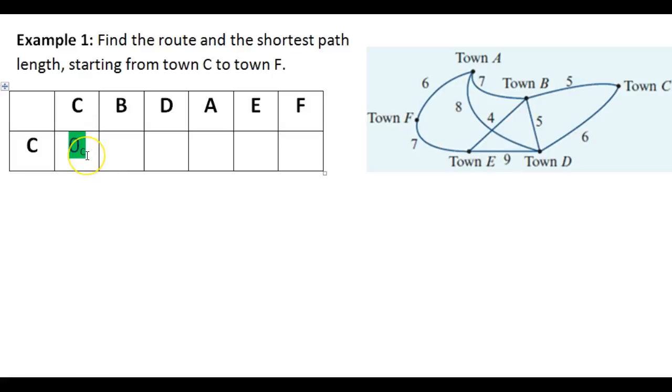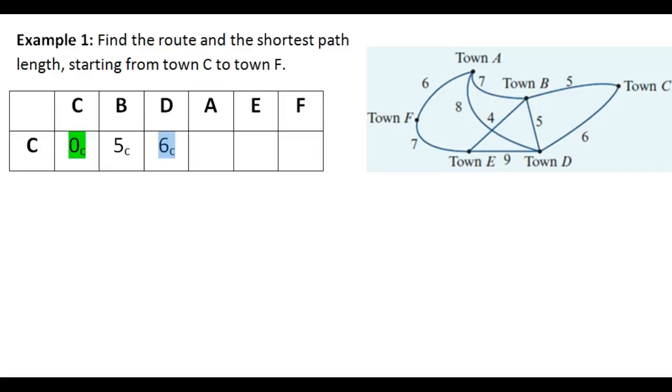And we use the little subscript to represent the vertex we came from. Now, the distance from C to B is 5. So we use the subscript C to represent where we've come from, C to B. Now we look at C to D is 6. So that's 6 coming from C.